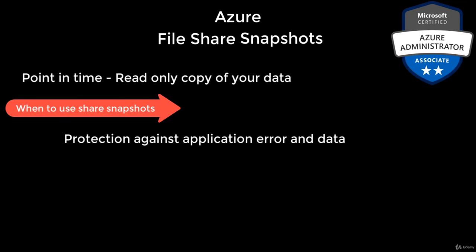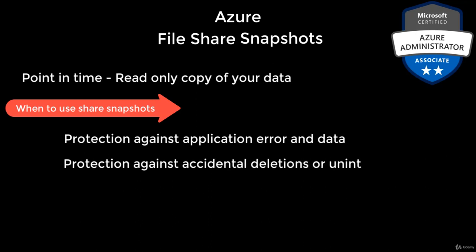To help you protect against those scenarios, you can take a share snapshot before you deploy new application code. If a bug or application error is introduced with a new deployment, you can go back to the previous version of your data on that file share. How about protecting from accidental deletions or unintended changes?